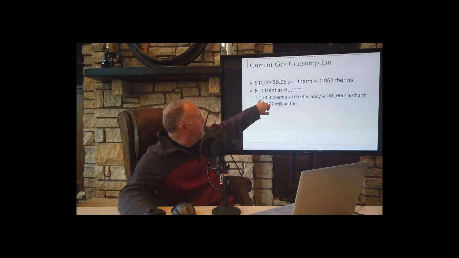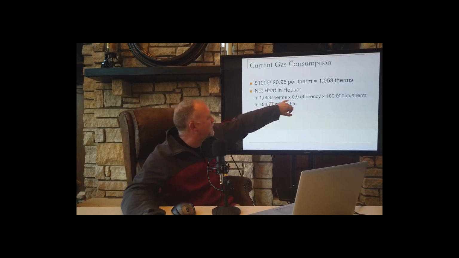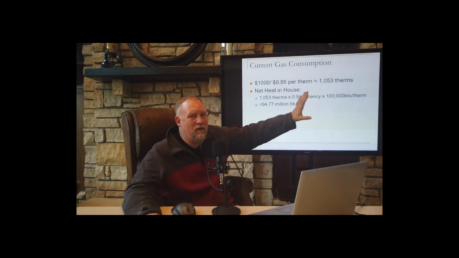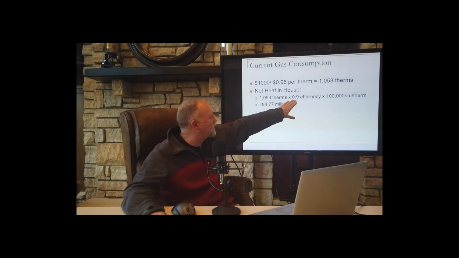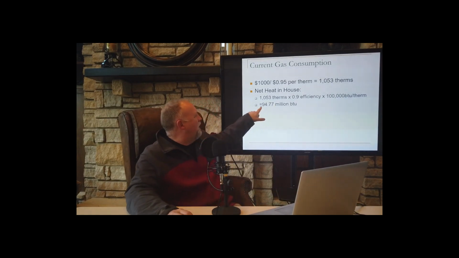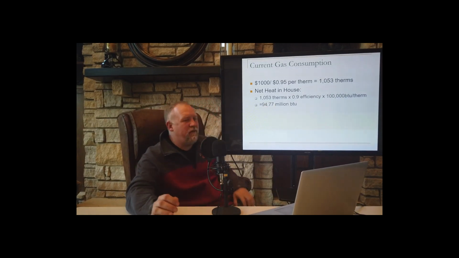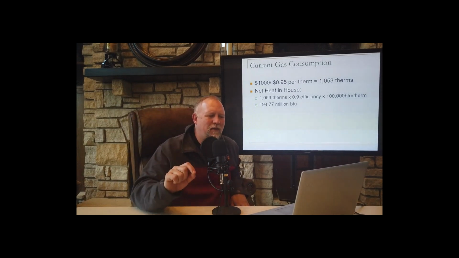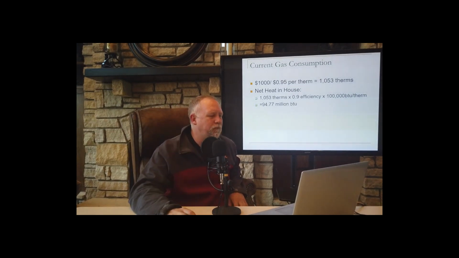He purchased over 1,000 therms, but because of the inefficiency of the furnace, not all of that energy went into the house. So that's why it's important to know the efficiency of the furnace. Converting that, 94.77 million BTUs went into the house. In other words, that was my net effect.